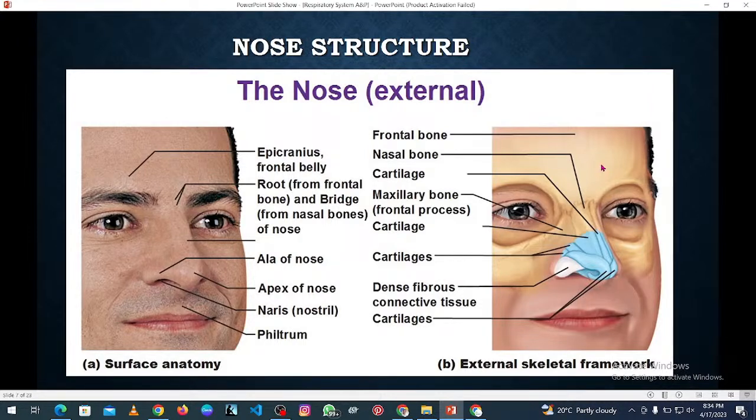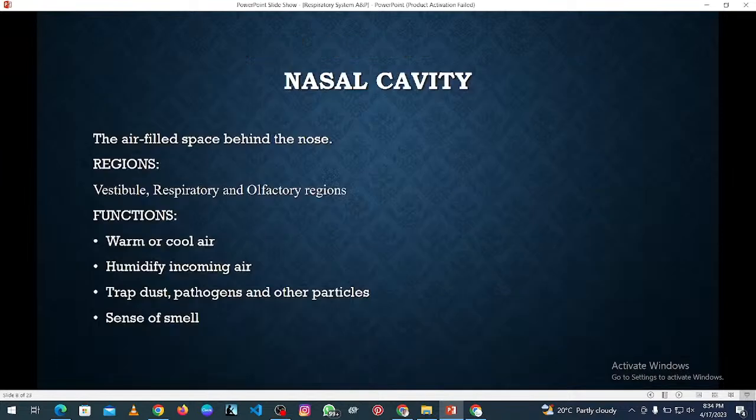And then just below the frontal bone, we have what is known as the nasal bone. So the frontal bone more or less encircles the nasal bone, and that is what we call the root of the nose, and so on and so forth.